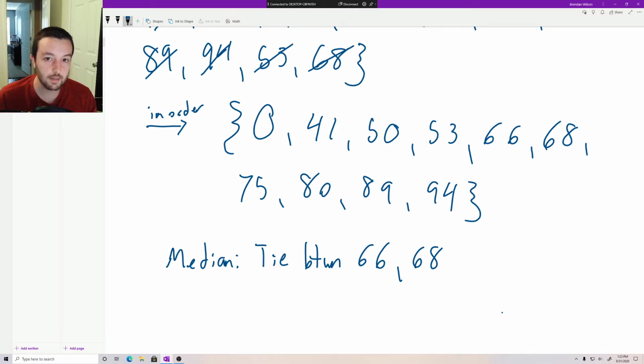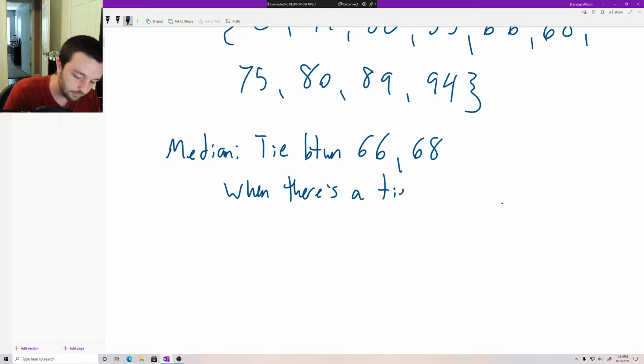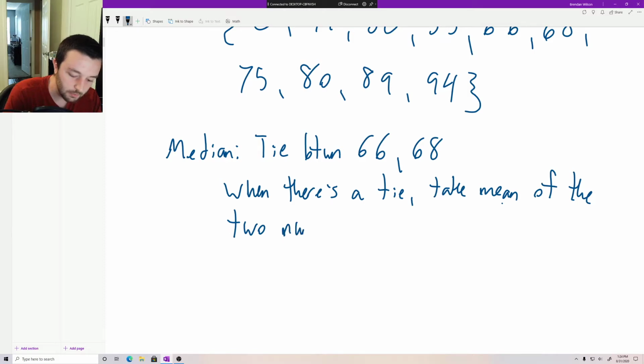So when there's a tie between them, if there was no tie, we would just take that number as it is. When there's a tie, we want to take the mean of the two numbers. Okay, so the mean was what we talked about in chapter 1.